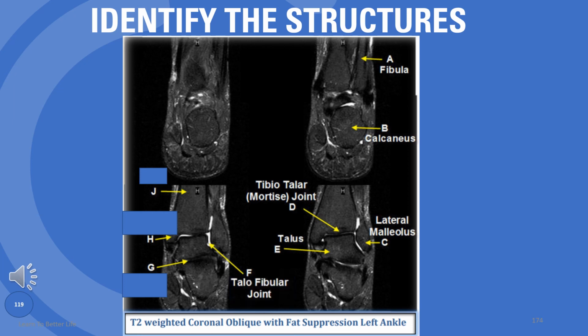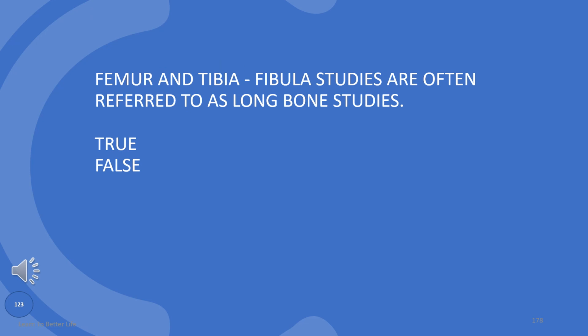F. Talofibular joint. G. Subtalar joint. H. Medial malleolus. This is the last one. J. Tibia. Femur and tibia, fibula studies are often referred to as long bone studies.